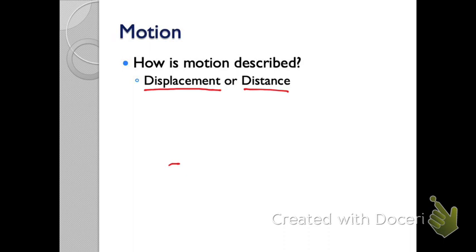But essentially, they're talking about how far. So maybe you write a little extra note here. They're telling you how far something is going. Again, we're going to get distinctions between those two words. They mean different things. I'll tell you that later. But it essentially means how far. And so we said that's typically measured in meters. Distance and displacement are measured in meters.